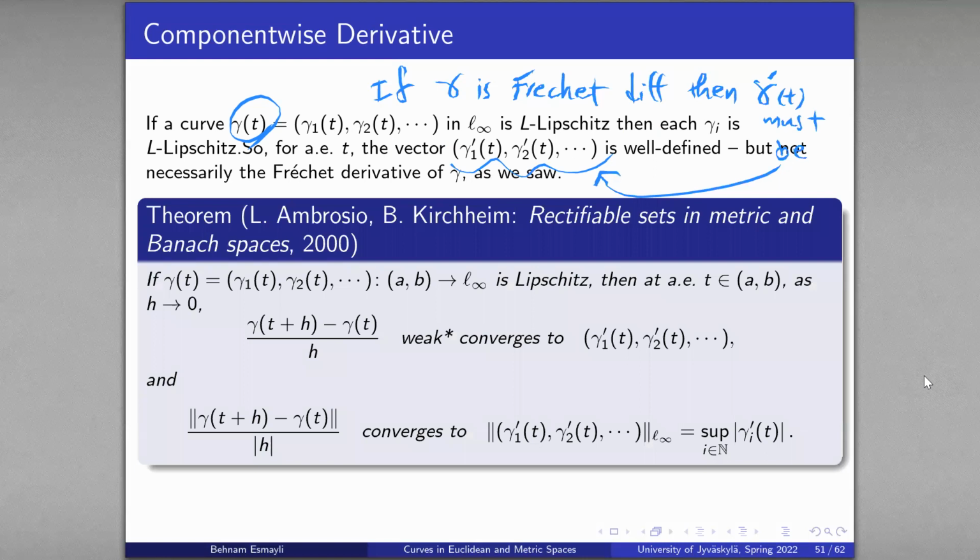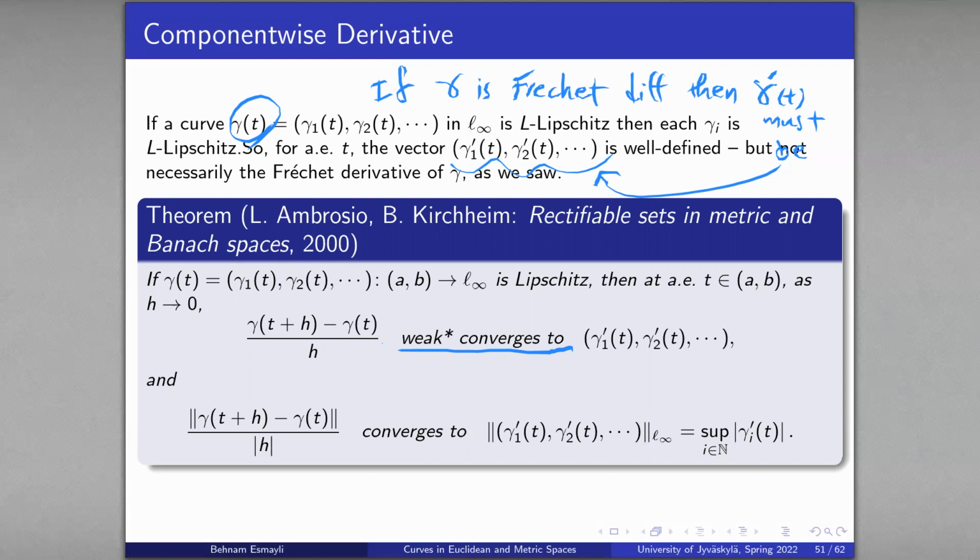But the positive news is that under these assumptions, at almost every t, these quotients, although they may not converge in norm, weak star converge to that vector. If there were no weak star, this would mean that it's Fréchet differentiable. With weak star added, it's just a weaker form of convergence, as we saw in the previous slide.